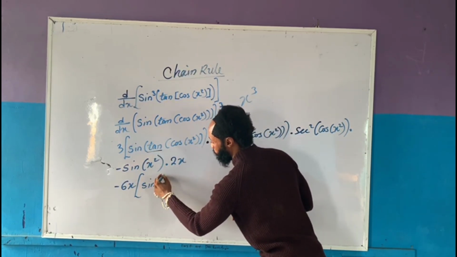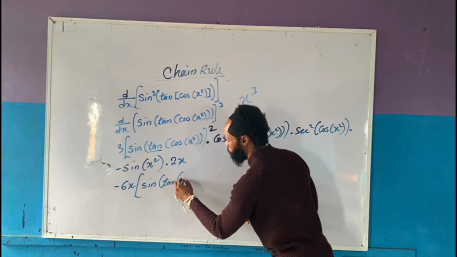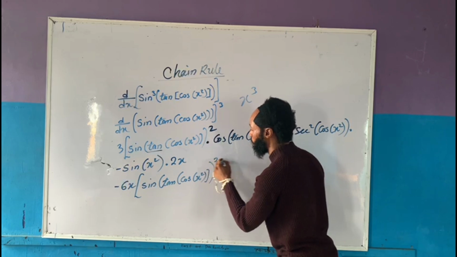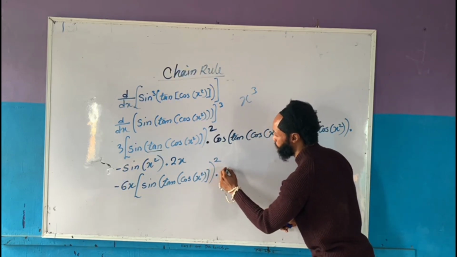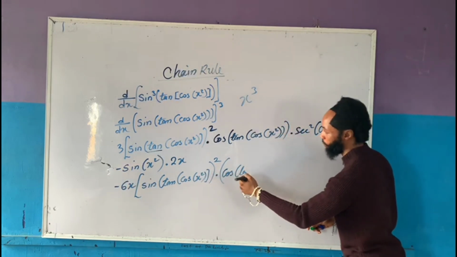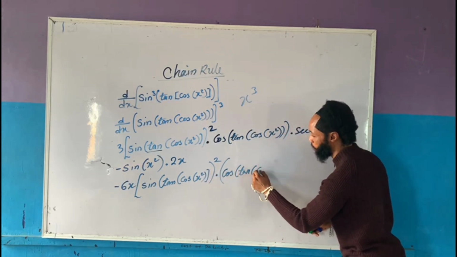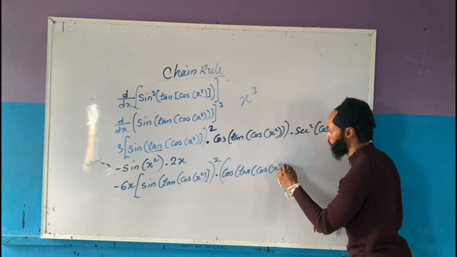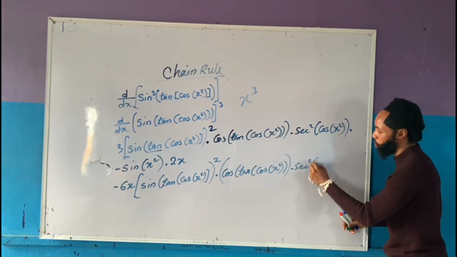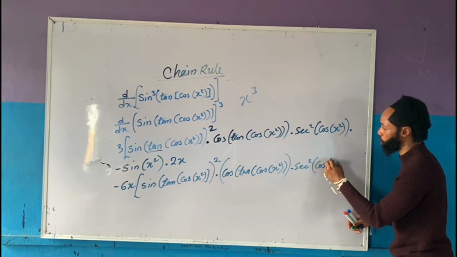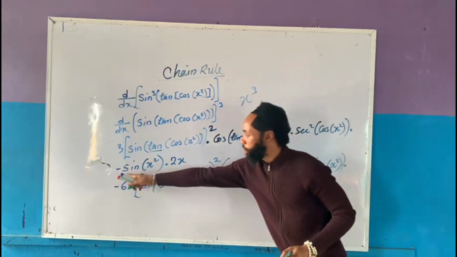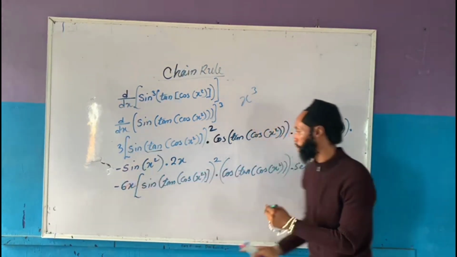Sine, open bracket, tan, open your bracket, cos and x squared, the angle, all raised to the power 2, times we have cos, you could put the brackets here, but they are all multiplying each other, times, open bracket, cos x squared, times sec squared, open the brackets, cos x squared, times sine. We've already taken the negative out, so we're writing what?